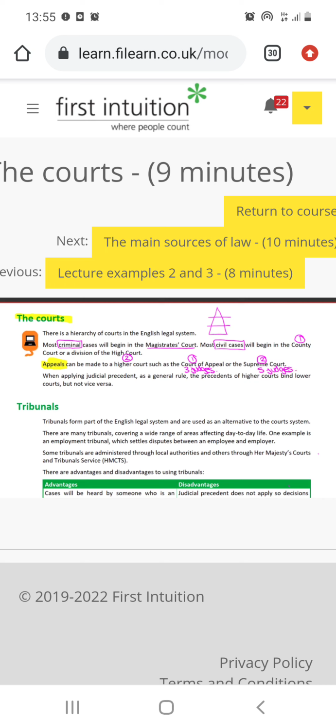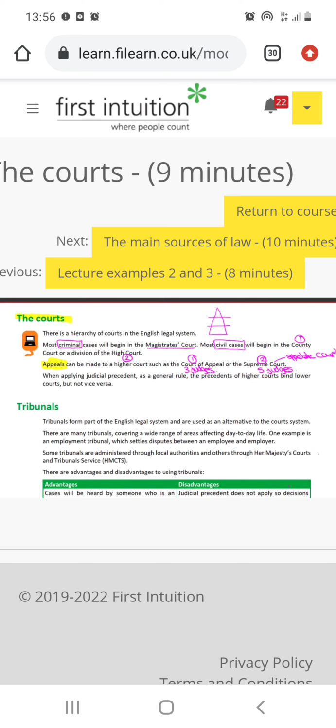They're known as the Justices of the Supreme Court. Now, these are actually known as the Appellate Courts. The Supreme Court is known as the Appellate Court. They only hear appeals. They cannot start proceedings in the Supreme Court.